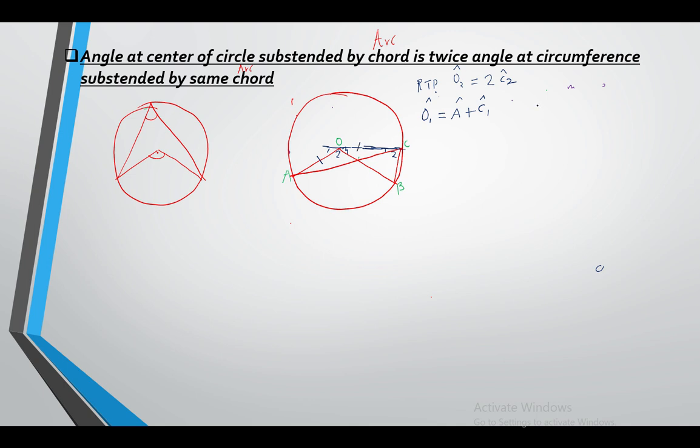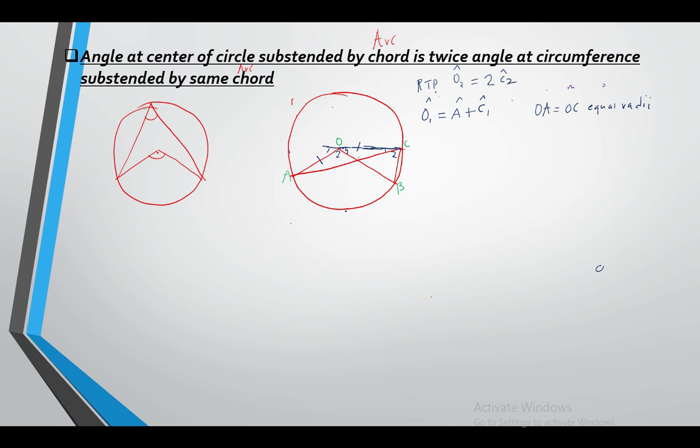So OA equals OC. These are the equal radii. Remember I said if you have two sides that are equal in a triangle, that triangle is an isosceles triangle. It will have two sides that are equal and two angles that are equal.